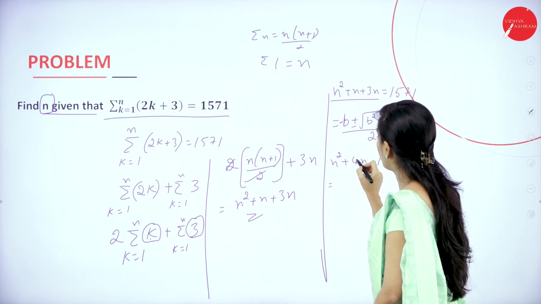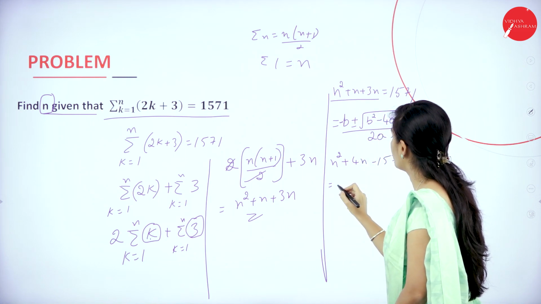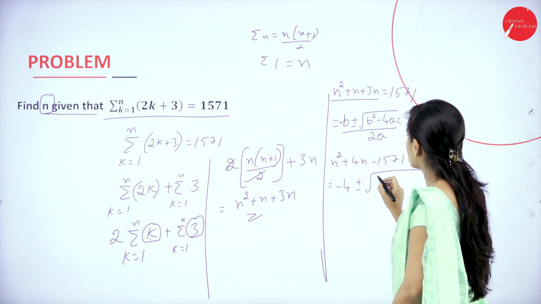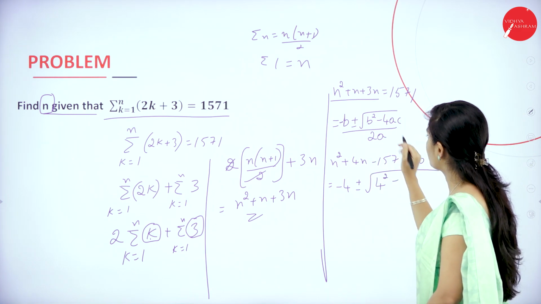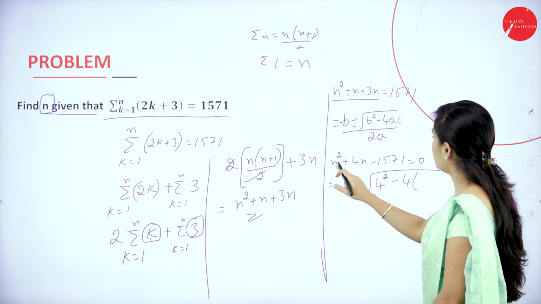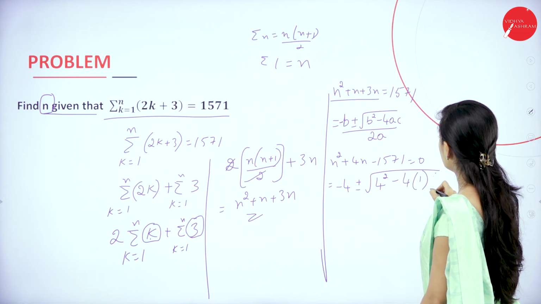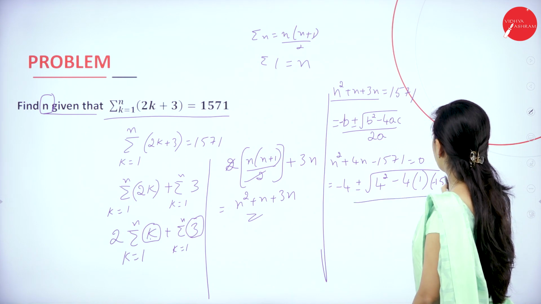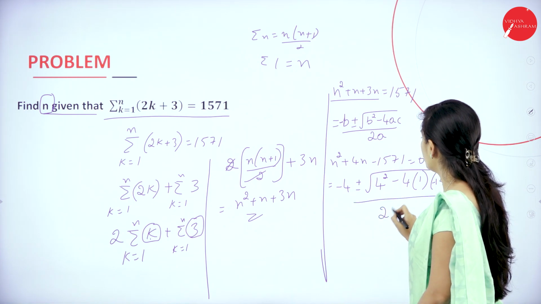So now the value of b is 4. So minus 4 plus or minus square root of 4 square minus 4 into a, which is 1, c, which is minus 1571, divided by 2 into 1.